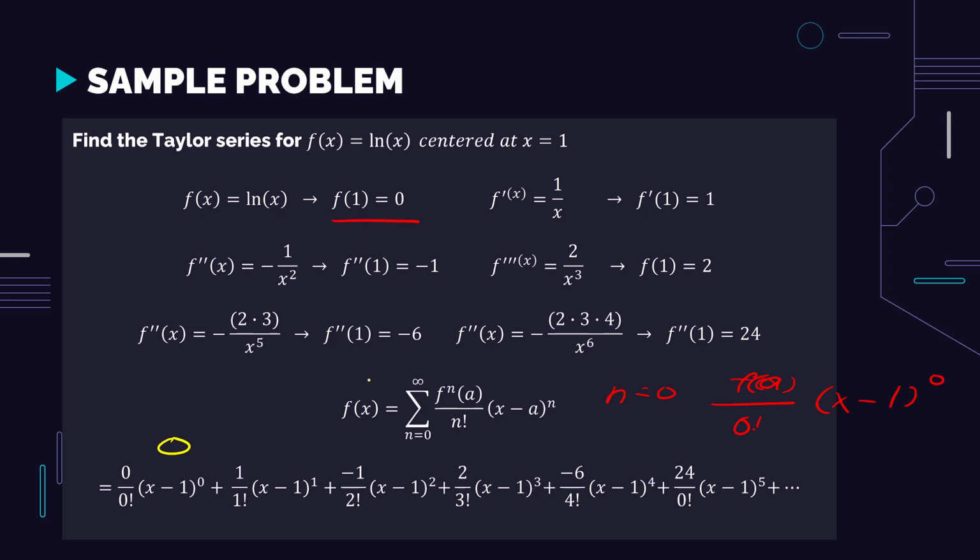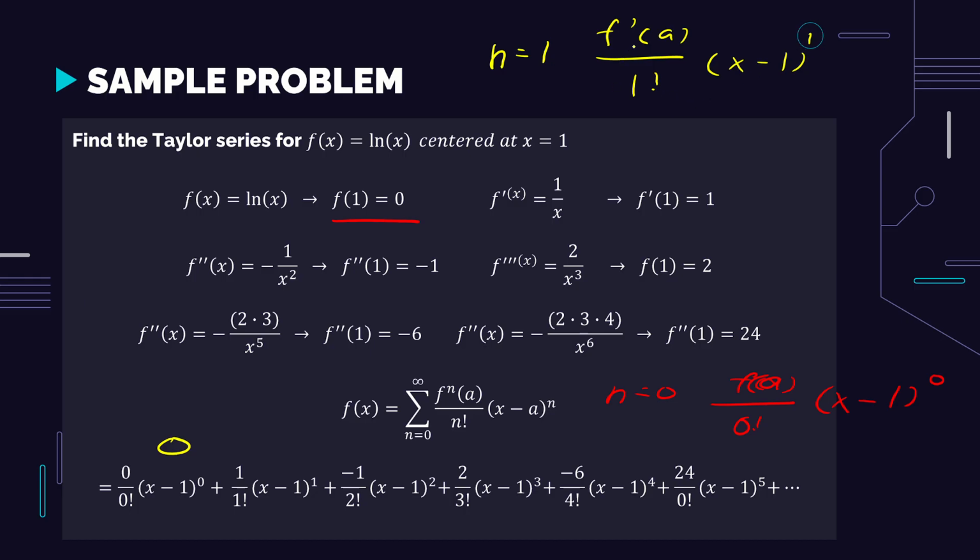Next, if n equals 1, we have f prime of a over 1 factorial times x minus 1 raised to 1.